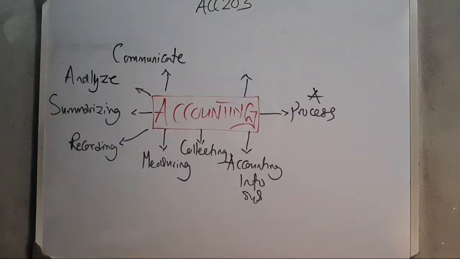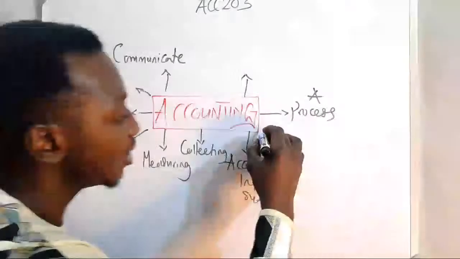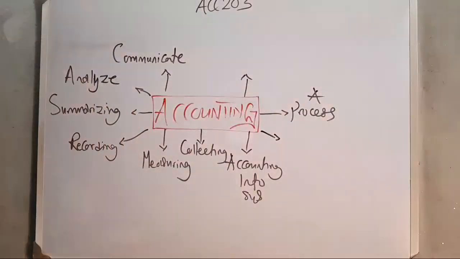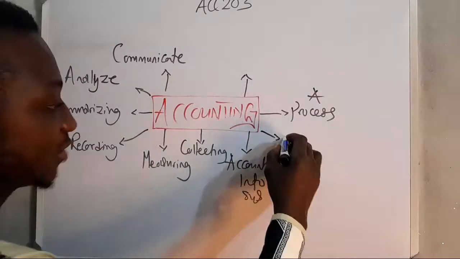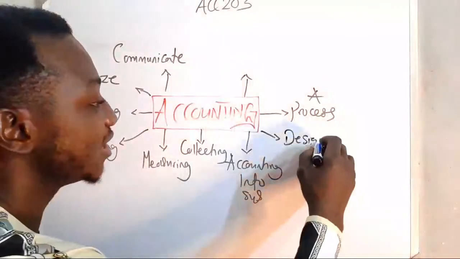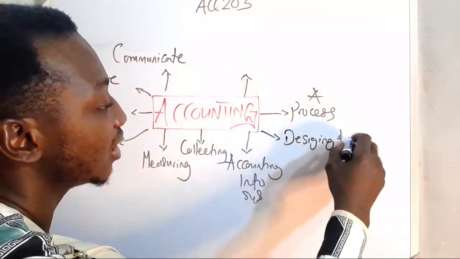Now look at the process. Okay, now I think I should include something here. A process that involves, for clarity, a process in designing and operating. Let's put that there.